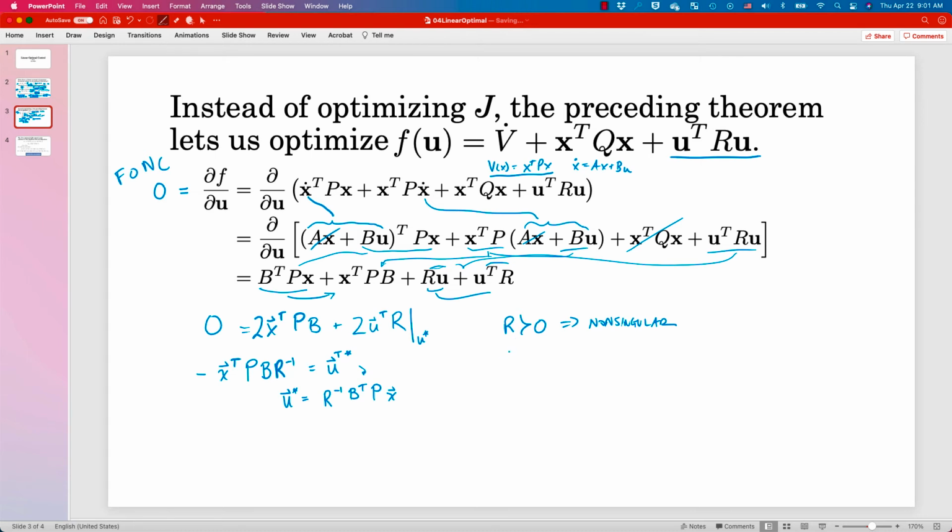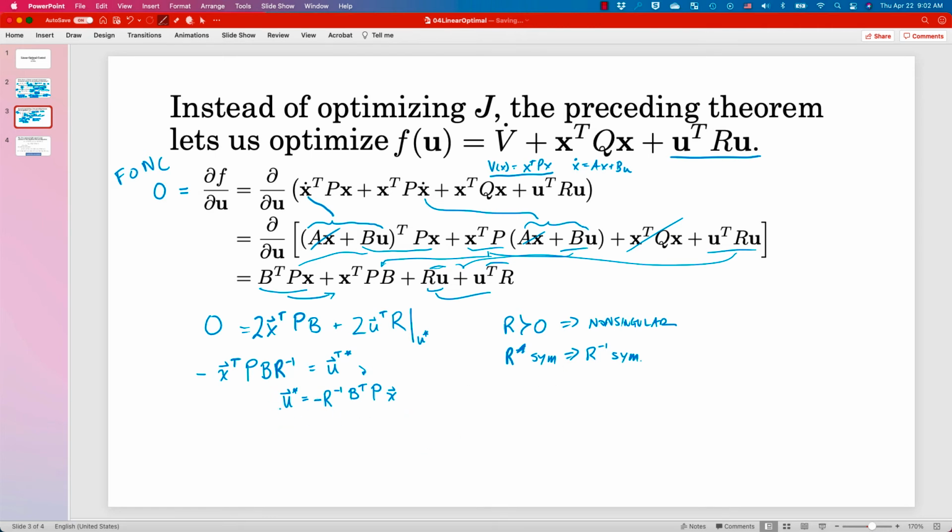And that's also true of R inverse: R being symmetric implies that R inverse is also symmetric. So that's why you don't see transposes on the R and the P down here. Forgot the negative. There we go.